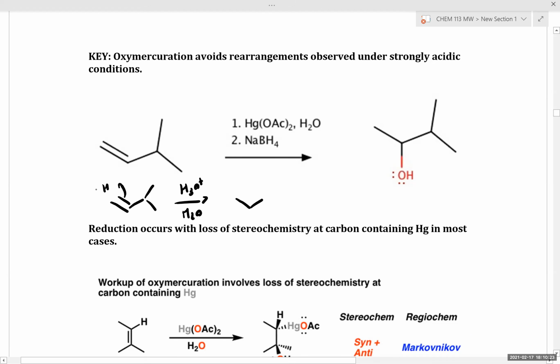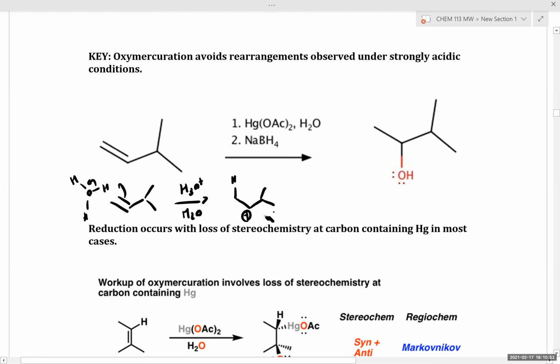You protonate your alkene, you get a carbocation, and in many cases, you will just see water attack onto your carbocation, and we have Markovnikov selectivity. We attack the most substituted carbon, or the carbon that can most readily stabilize a carbocation.